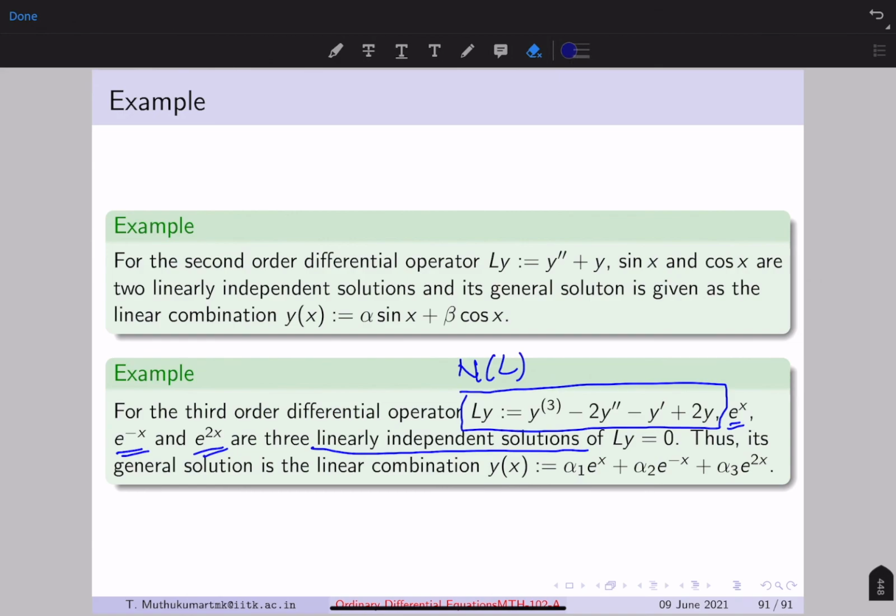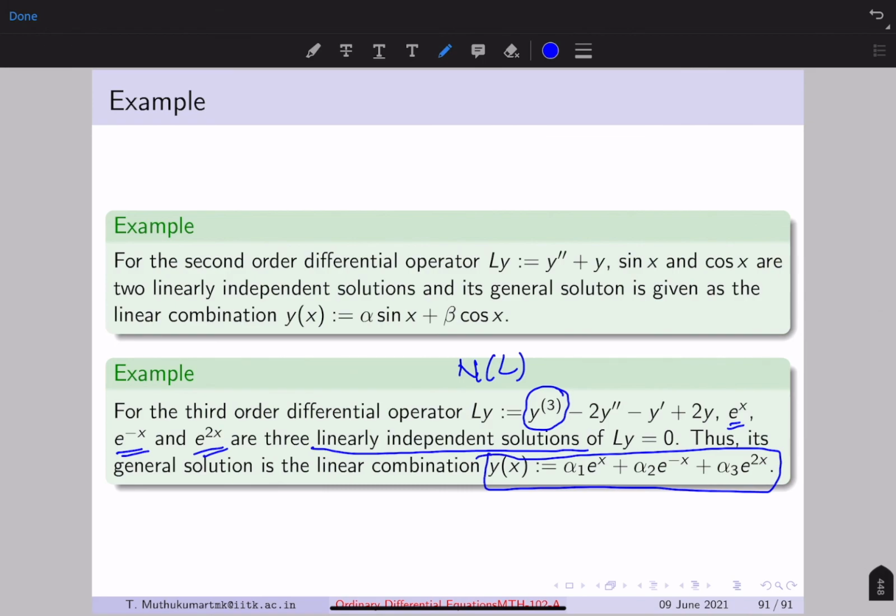This is a linear differential operator of order 3, so the null space should be 3 dimensional. We have found 3 linearly independent solutions, which means every other solution should be a linear combination of these 3 solutions.